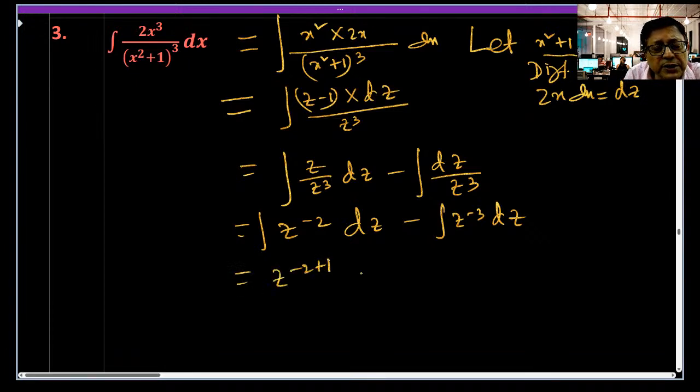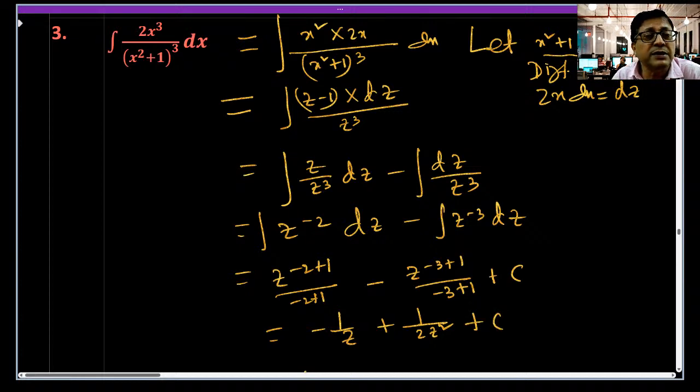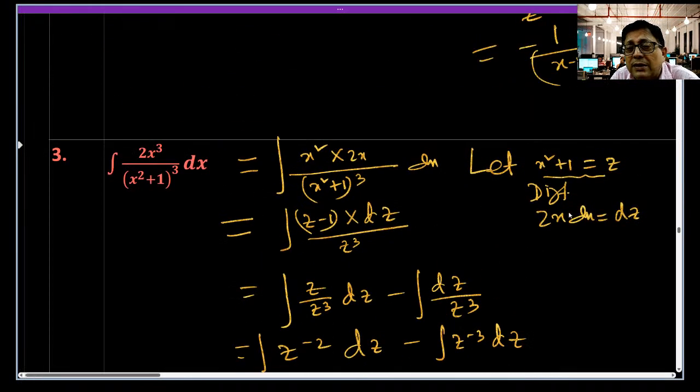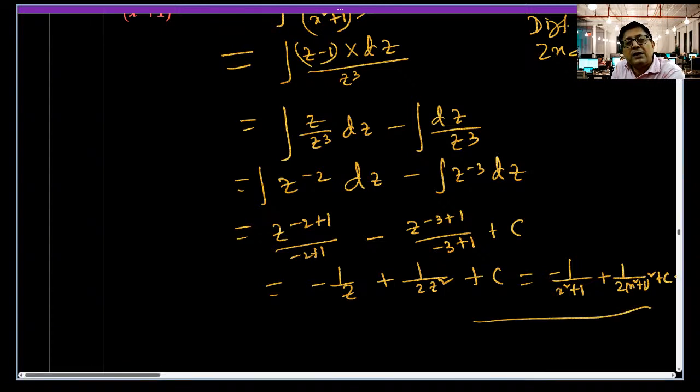It is z to the power minus 2 plus 1 by, and this thing is minus 3 plus 1 by this, plus c. So answer is minus 1 by z plus 1 by 2z square plus c. You put the value of z over there. z is x square plus 1. This plus 1 by 2 into the square, plus c will be there in the answer, isn't it?